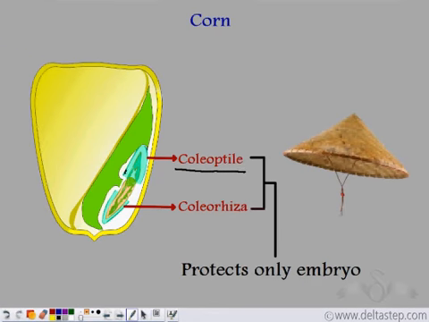This part. And the structure that provides protection to the root-forming part of the embryo is known as coleorhiza. This part. See, both of them are shaped like this hat.